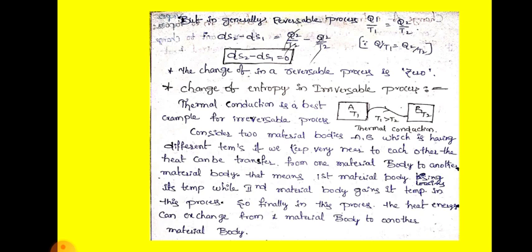It means the first body loses temperature while the second body gains temperature in this process. Finally, in this process the heat energy changes from one material body to another material body.